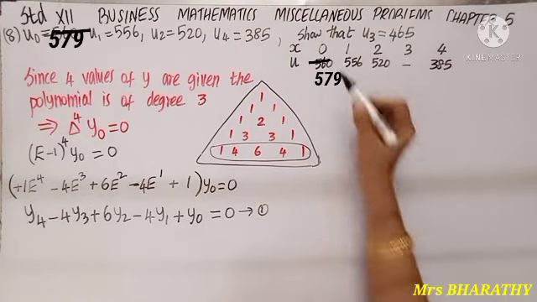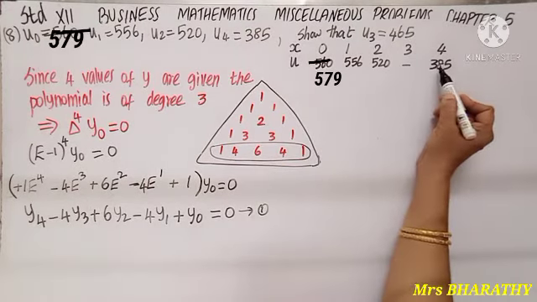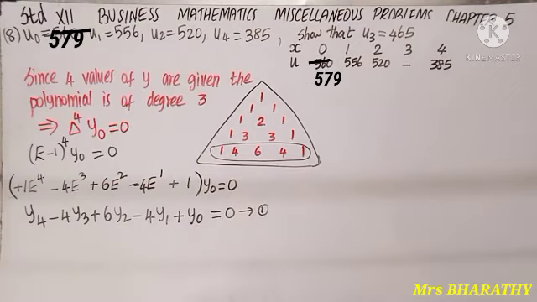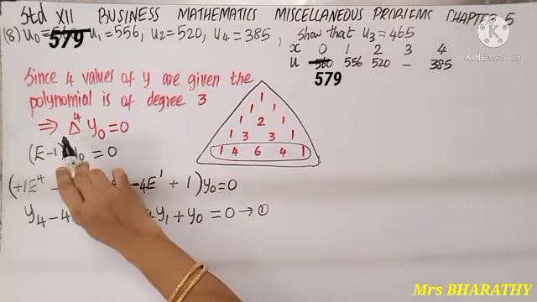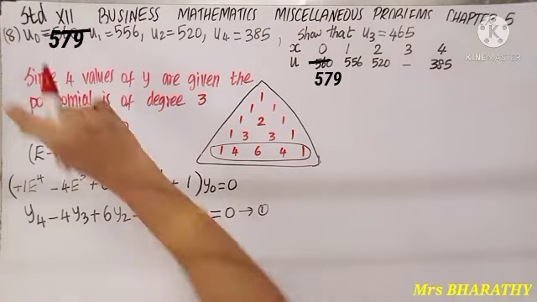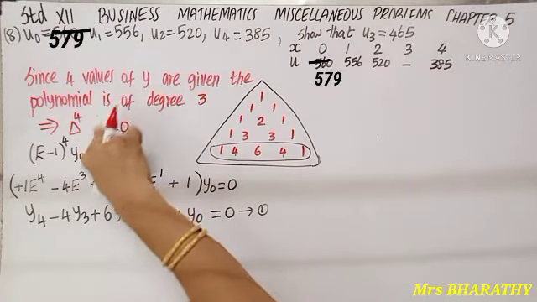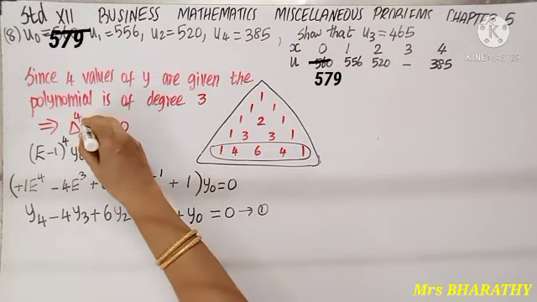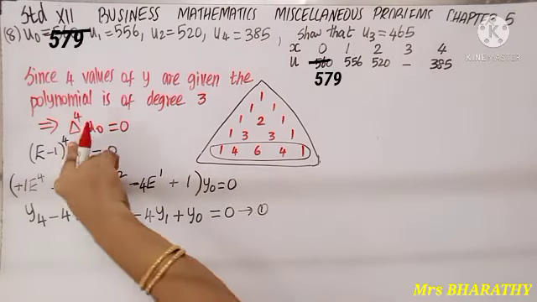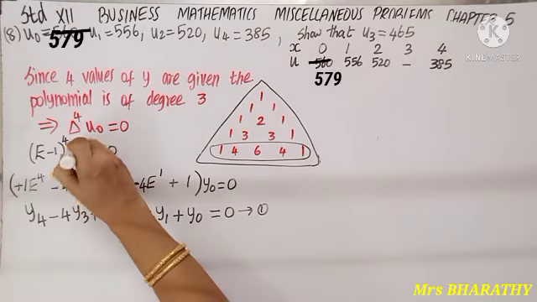Let us remember, since 4 values are given like the previous problem, I can say the polynomial is of degree 3. As I write del power 4 of y0 is 0. But in this problem, we do not have y0. Instead, u0 is there. So the same formula like the previous problem, but do not use y0. Rather, it is only u0.